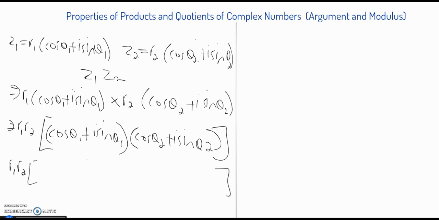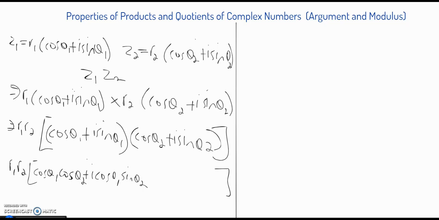Alright, we can clear the innermost brackets now. So cos theta 1 will multiply each thing in the second bracket. So I'm going to have cos theta 1 times cos theta 2, which is really going to be cos theta 1 cos theta 2. Now cos theta 1 times I sine theta 2, I'm going to have plus I cos theta 1 sine theta 2. Now we're going to do the same thing with the I sine theta 1.